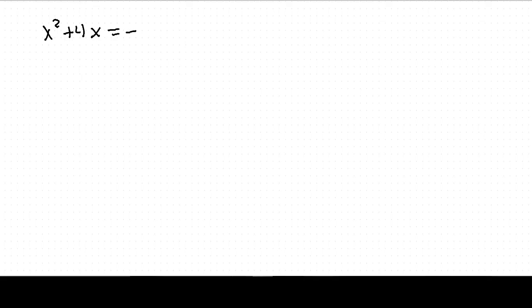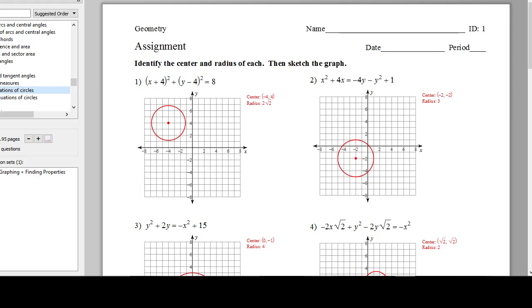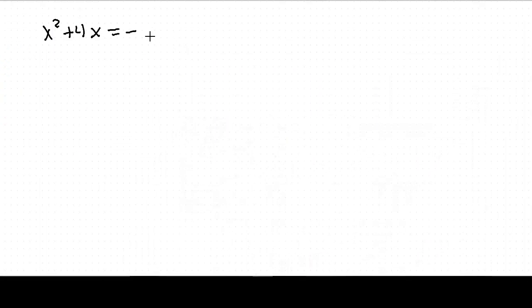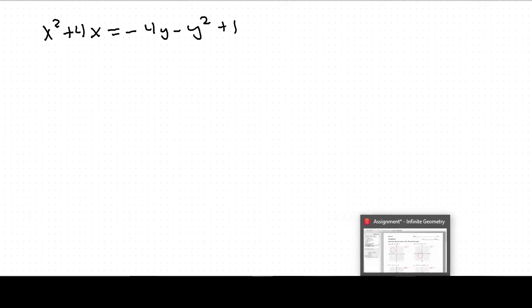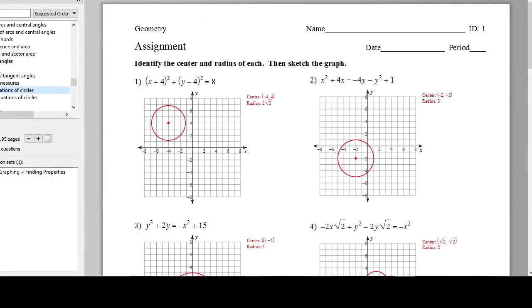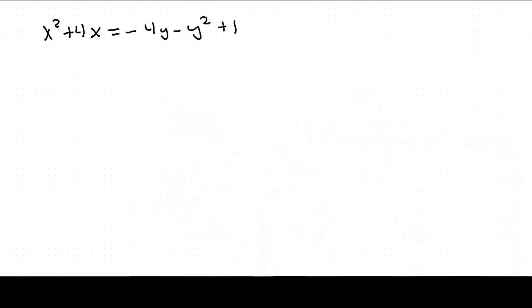Oh, I knew I was going to remember all that. I think I copied that right. Okay, so I guess I'll teach you how to complete the square.